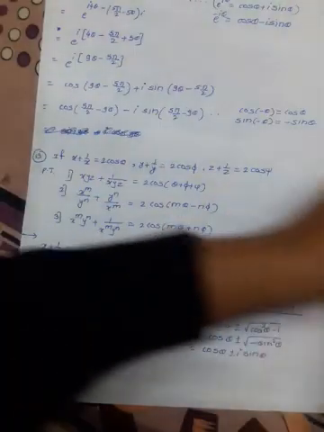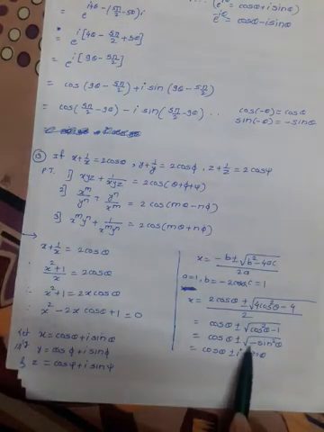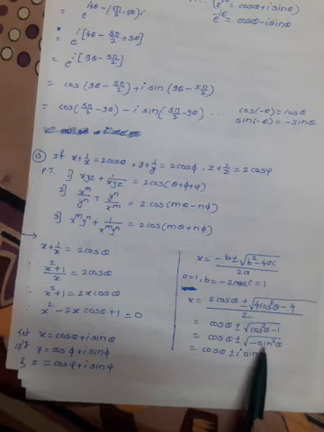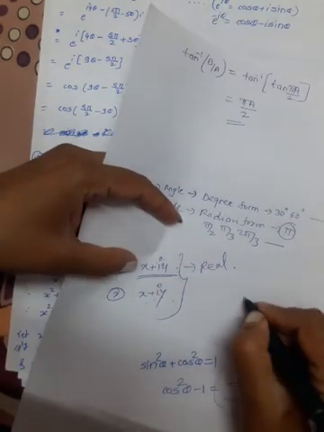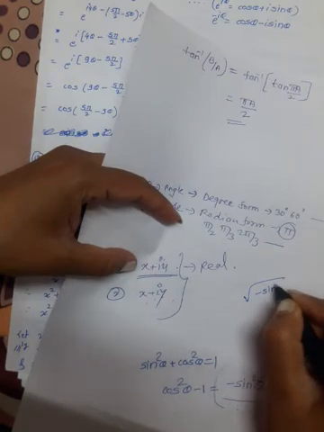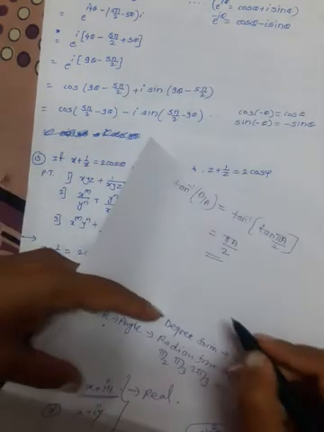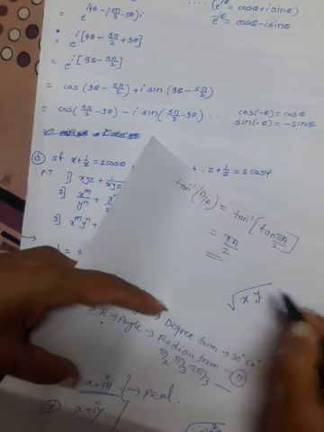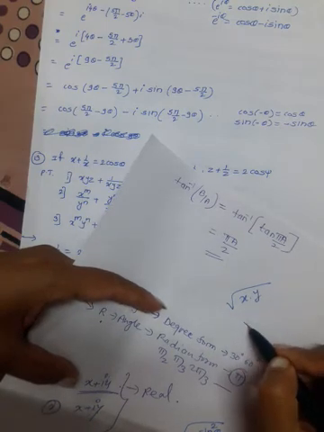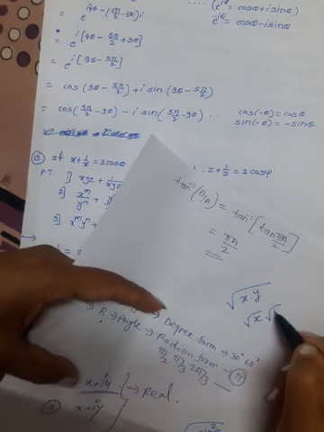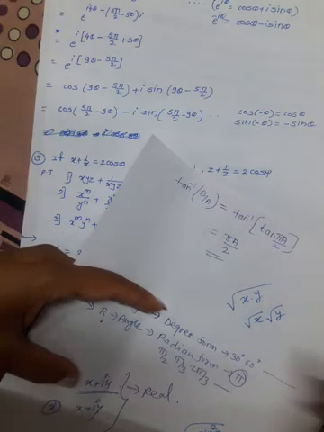Okay, now put this value here, we get under root of minus sine square theta. Now take under root of minus 1 and sine square separately. We can do it like this: if root of x into y is there, we can write it as root x into root y, right?